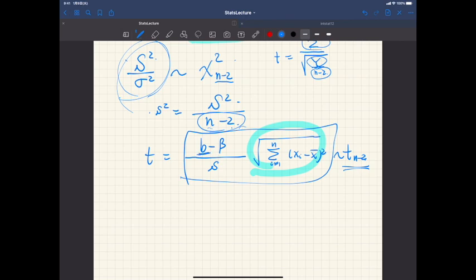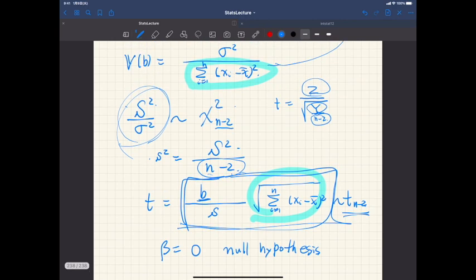Then what this means is that we can apply the t-test to see whether the value of this B is significant or not. Usually our null hypothesis is that the value of this beta is 0. So just put beta equal to 0, remove this part, and calculate this T statistic. This value can be calculated purely based on the data.